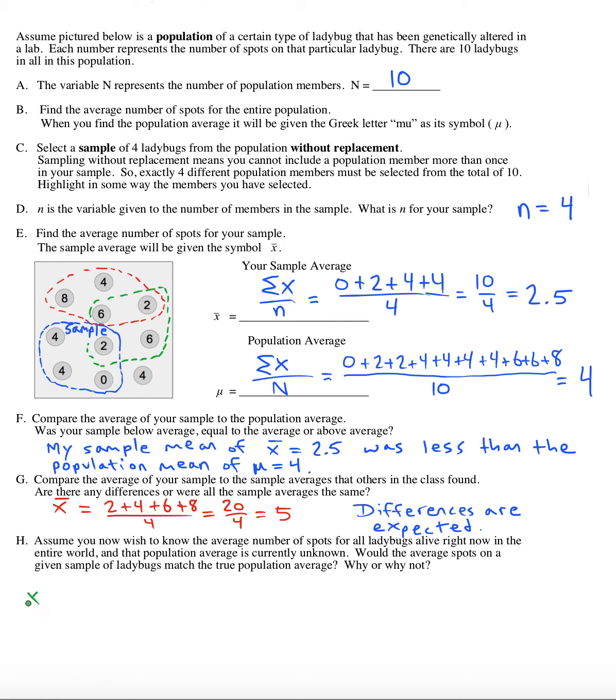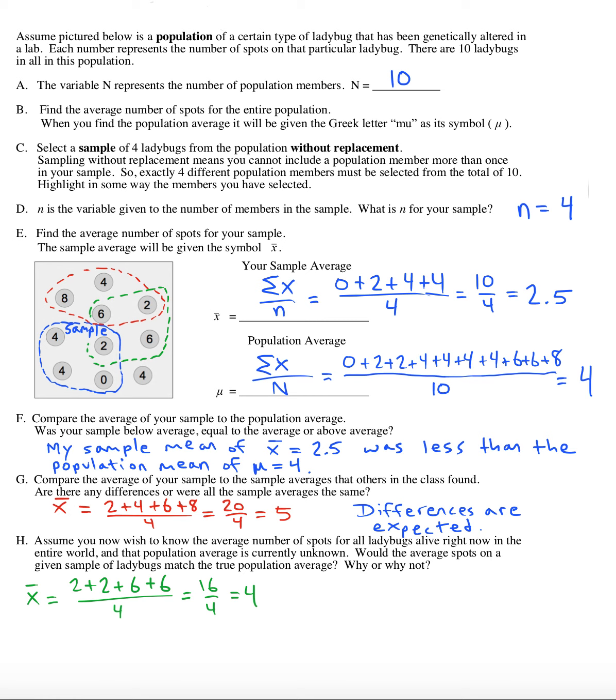Let's try that. 2 plus 2 plus 6 plus 6 divided by 4 makes 16 over 4, which is 4. But it wasn't guaranteed that that would happen.